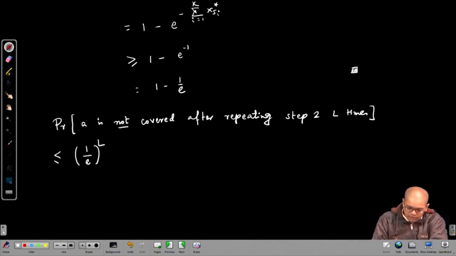Now we want to ensure that this probability is 1 over poly n, because at the end we need to do a union bound over all elements. So choose L such that this is less than or equal to say 1 by n square.